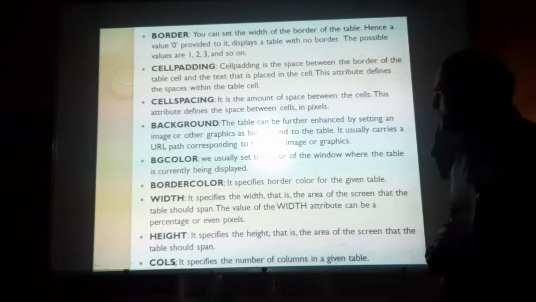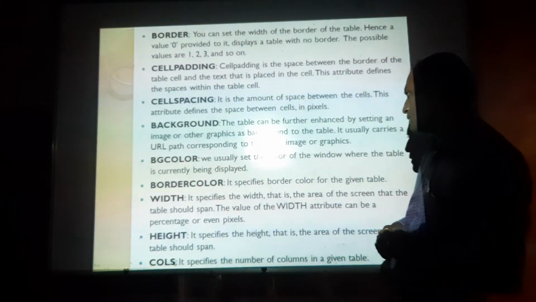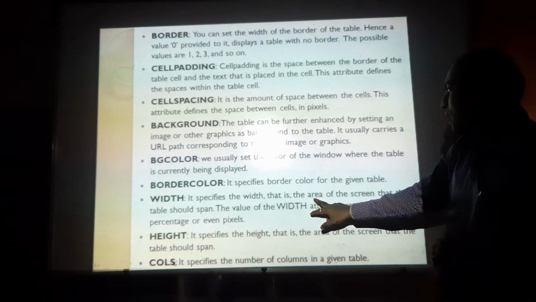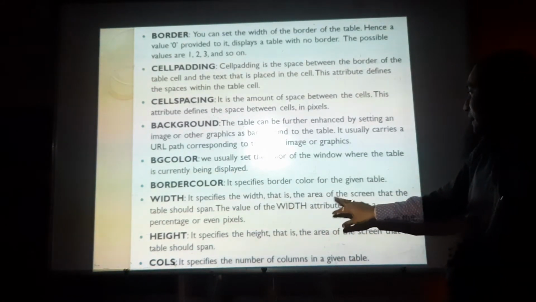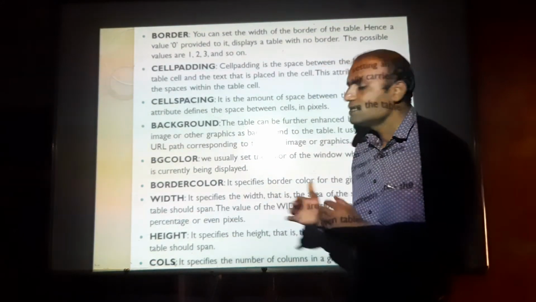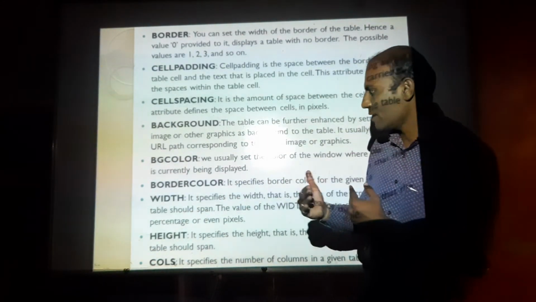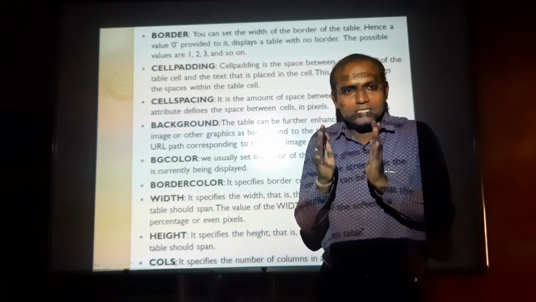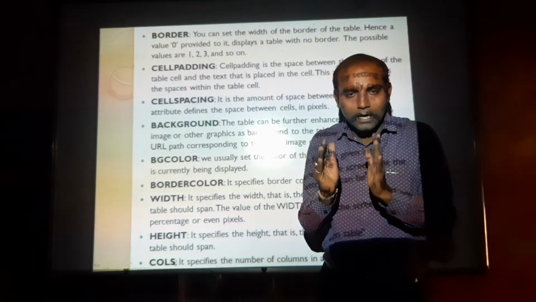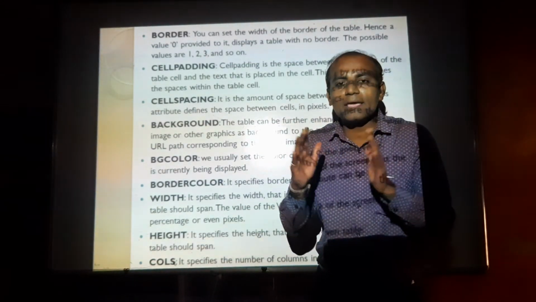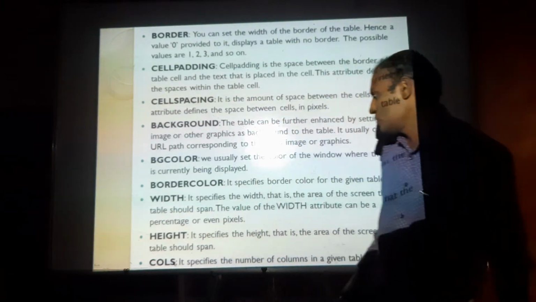Similarly, I can use the width attribute, and with the help of width, I can set the area of the screen that the table should span. By using the width, I can specify how much space the table should occupy in my web page.